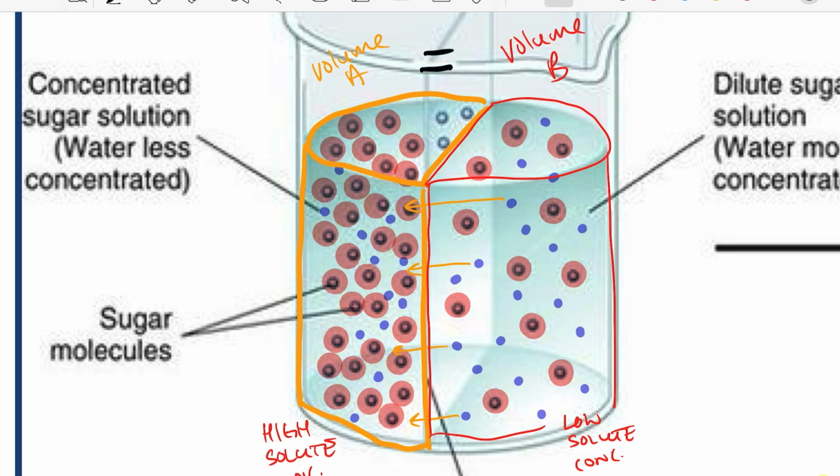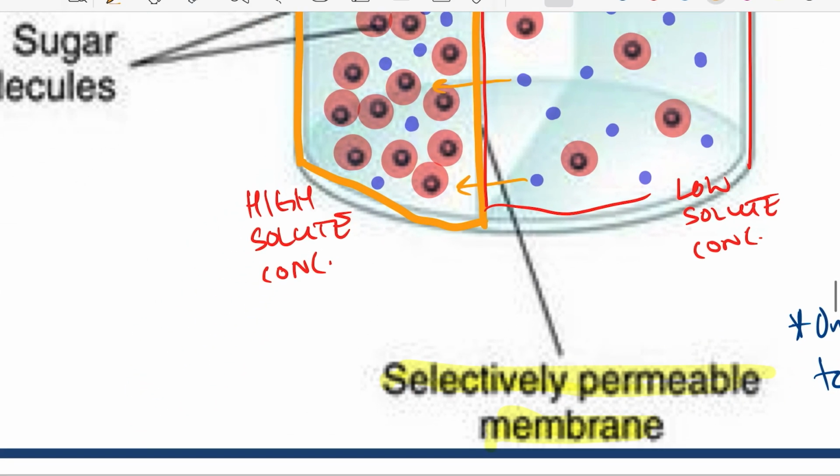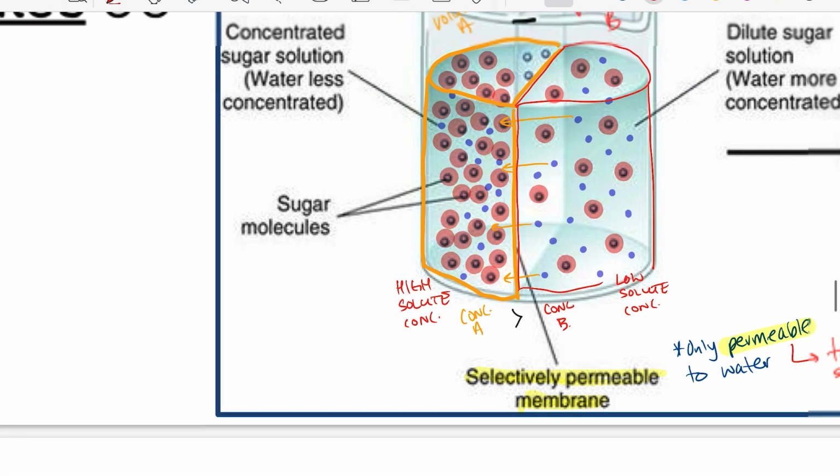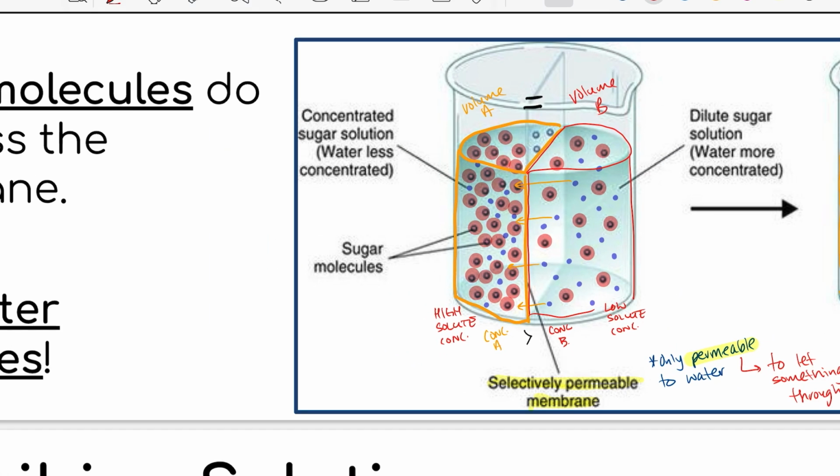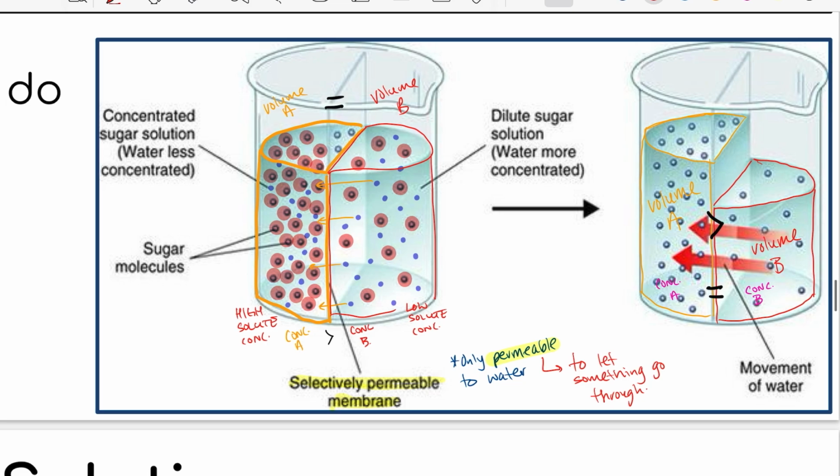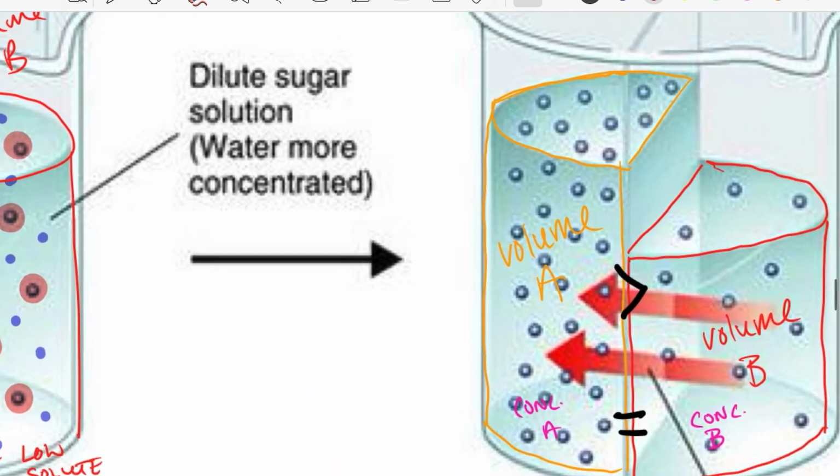But concentration A was greater than concentration B. The total number of solute molecules hasn't changed, has it?